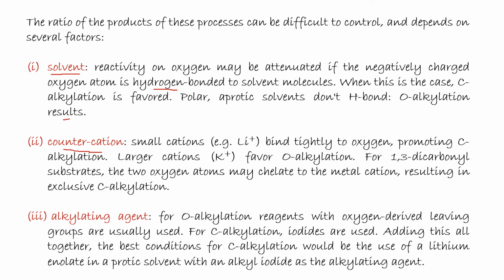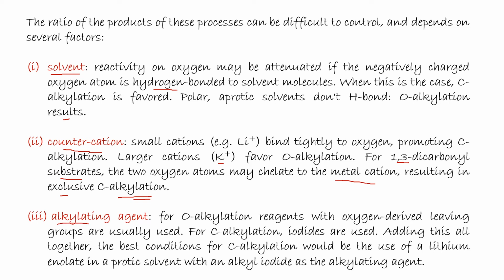Countercation. A small cation like lithium ion binds tightly to oxygen, promoting C alkylation. A larger cation like potassium favors O alkylation. For a 1,3-dicarbonyl substrate, the two oxygen atoms may chelate to the metal cation, resulting in exclusive C alkylation.